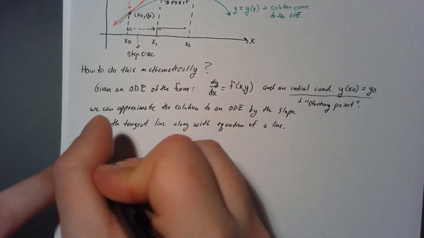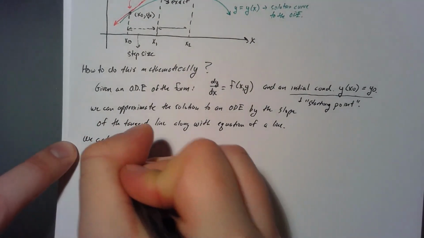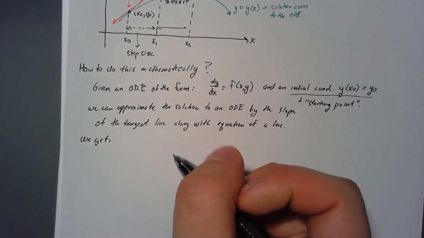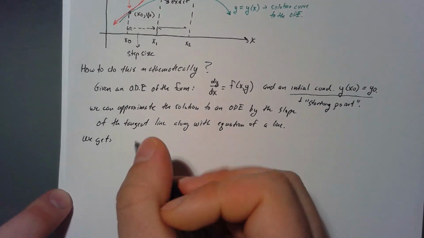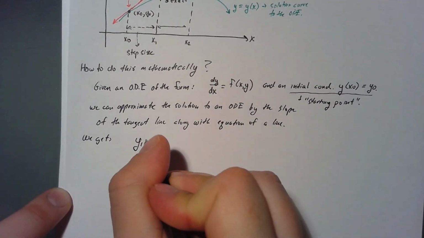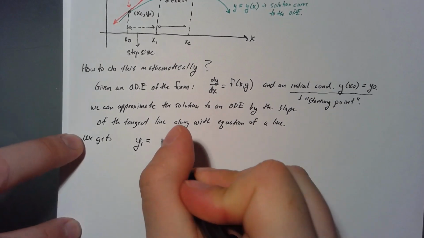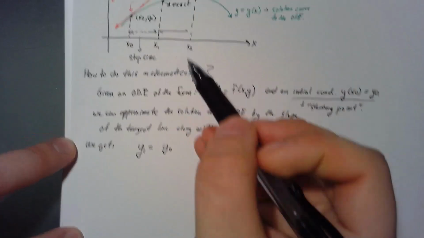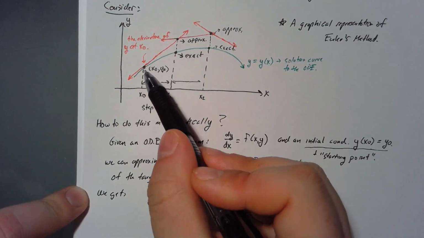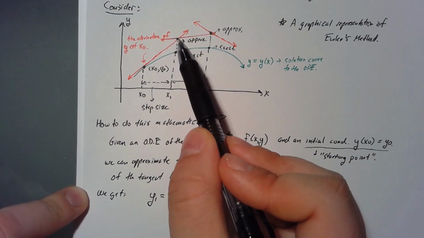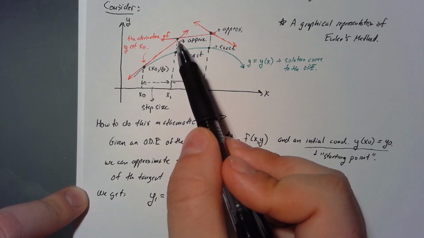We get y sub 1 equals, so we start at y sub 0, we start here, and then we move some increment size times the derivative of the function at that point.